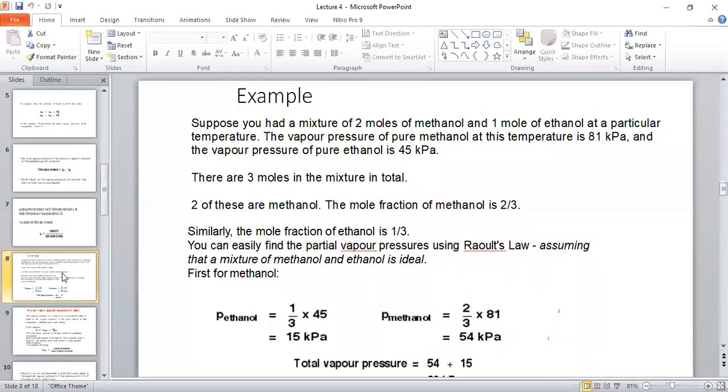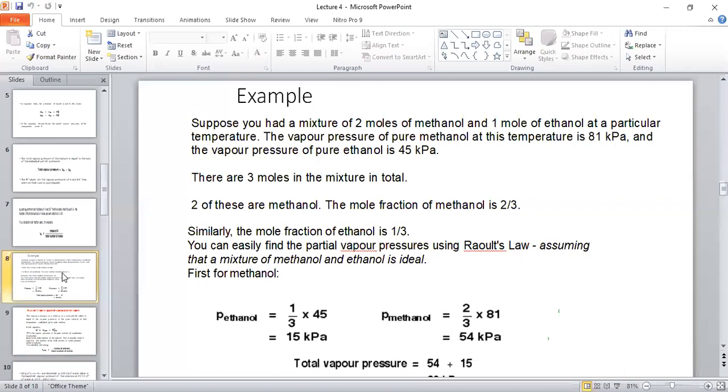So you can easily find the partial vapor pressures using Raoult's law, assuming that the mixture of methanol and ethanol is ideal. That is, all the molecular attractions are the same.